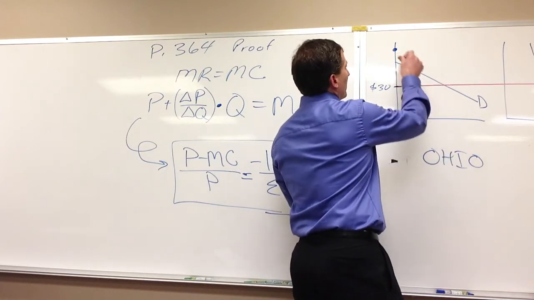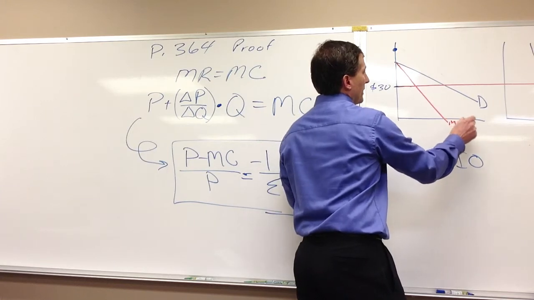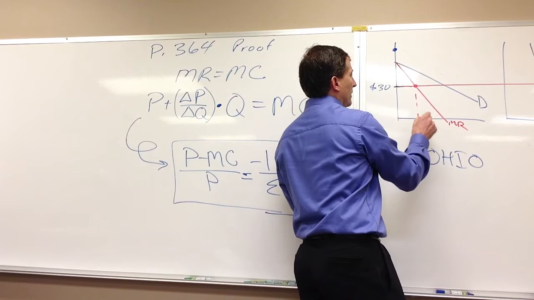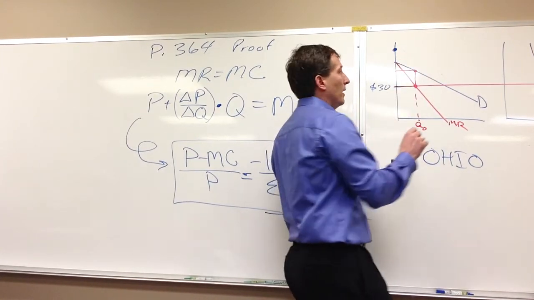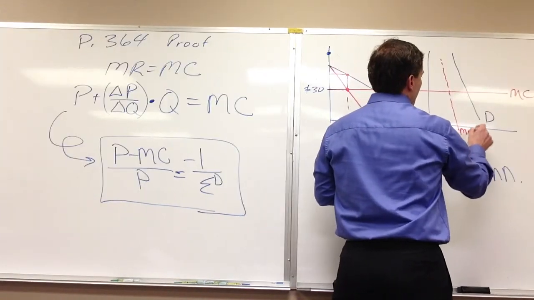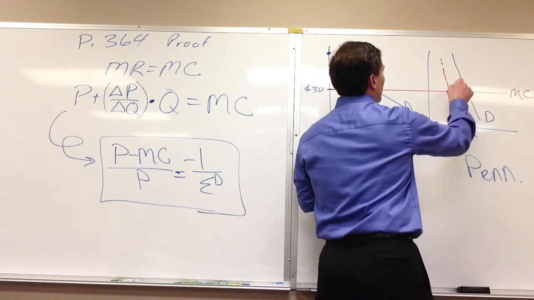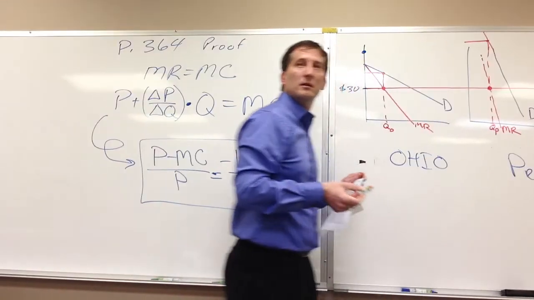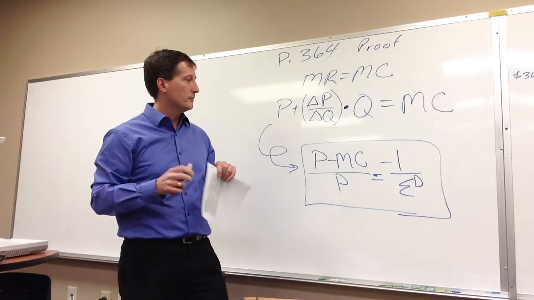So in this market, you just treat differently. So some marginal revenue curve would come down here. I maximize profit in Ohio by producing this many in Ohio and charging this price. And I maximize utility or profits in Pennsylvania by producing QP and charging this price. That's kind of where we're going with this stuff.